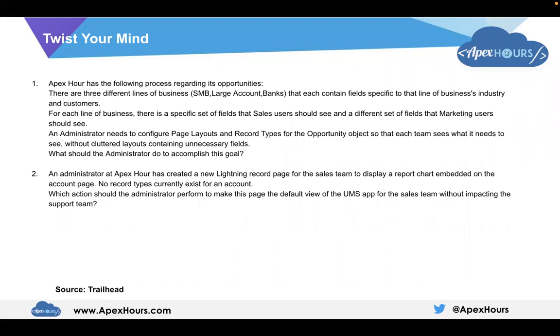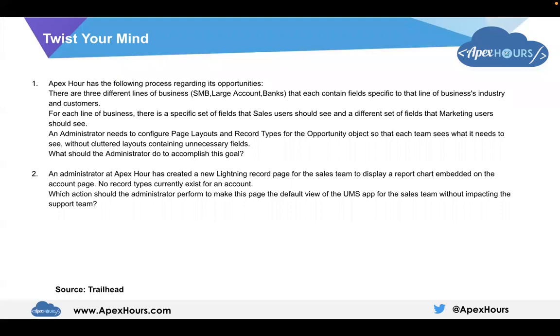As an administrator, we need to configure page layout and record type for the opportunity object so that each team sees what it needs to see without any cluttered layout containing unnecessary fields. As a system admin, what will you do to accomplish this goal?